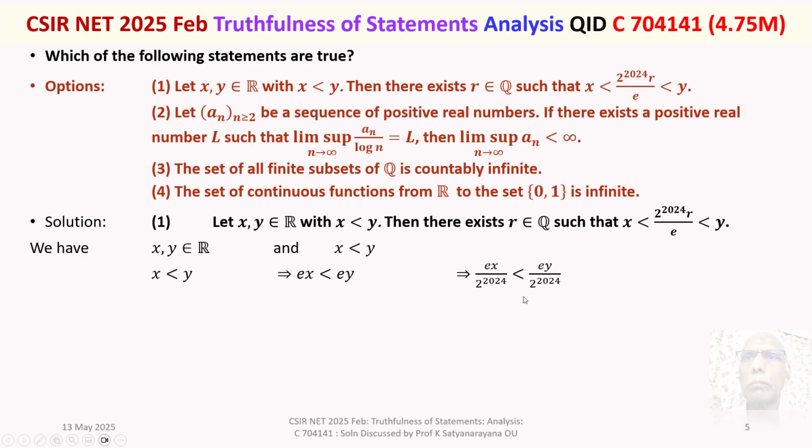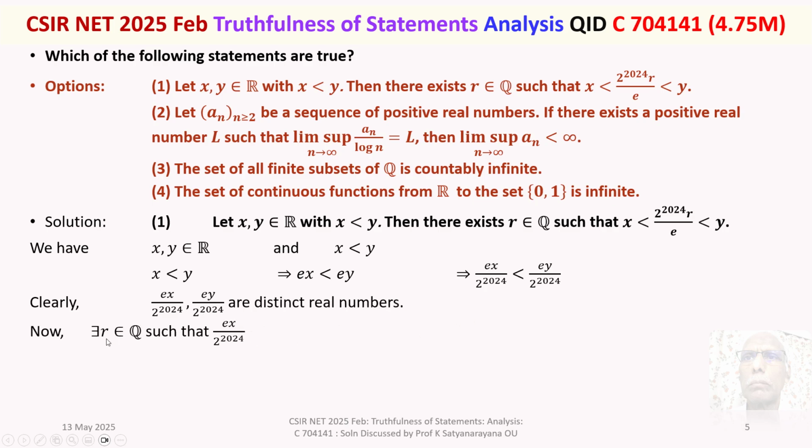We recall the property of rational numbers. The rational numbers are dense. That means to say between any two distinct real numbers, there exist infinitely many rational numbers. Clearly, these are distinct real numbers.